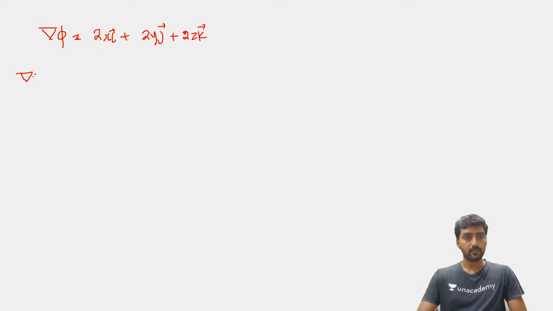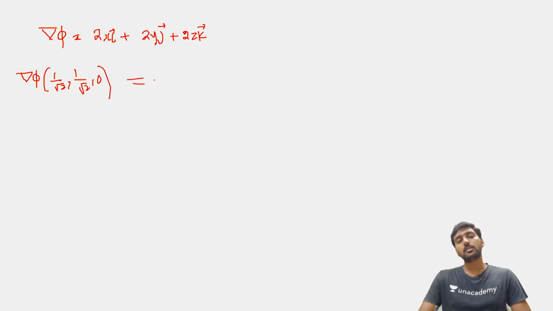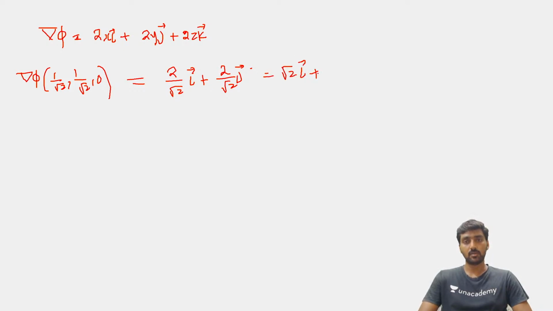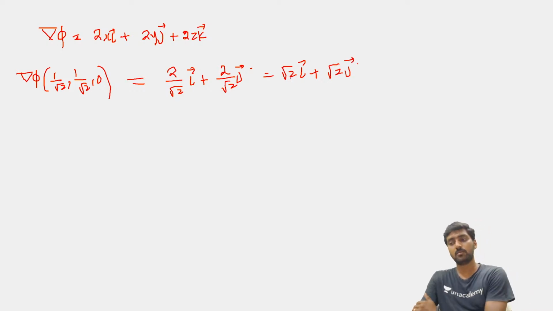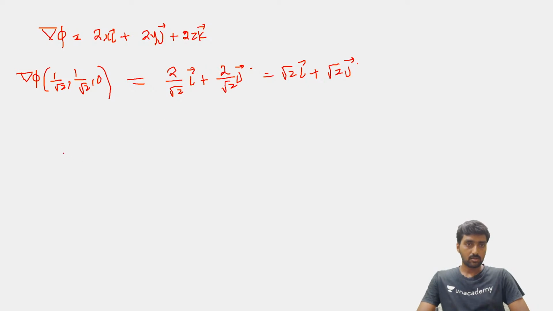Now del phi at the point (1 divided by root 2, 1 divided by root 2, 0) is equal to 2 divided by root 2 i vector plus 2 divided by root 2 j vector, which is root 2 i vector plus root 2 j vector. Now what will be the normal vector n?